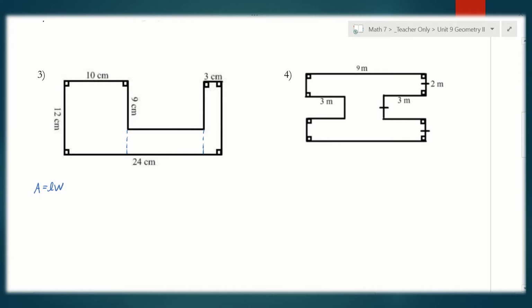That seems like a good one to start with because I can see here is the length and here is the width. Okay, so the length is 12 and the width is 10. And so the area of that rectangle is 120 centimeters squared.